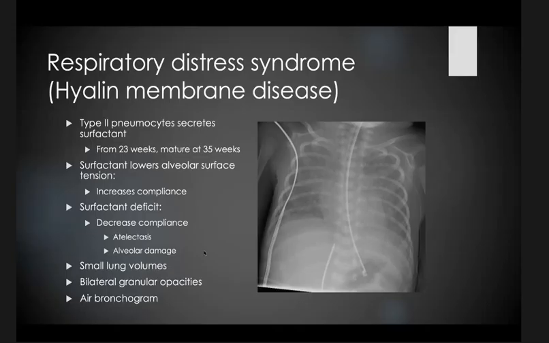So when you are born prematurely, you have less surfactant, which decreases compliance and makes you prone to atelectasis and alveolar damage. So you have small lung volumes and bilateral granular opacities like this baby here, where you can see that haziness, and you can even have some bronchograms there.